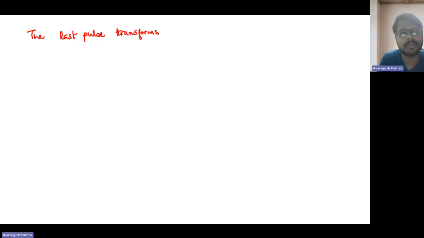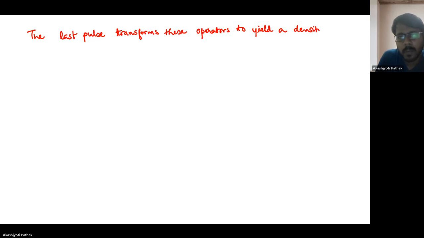So what will the last pulse do? It will transform these operators that we were seeing to yield a density operator rho 4, at time point 4 of the pulse sequence.